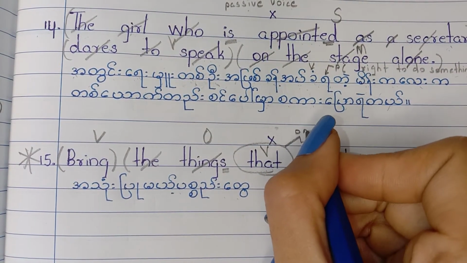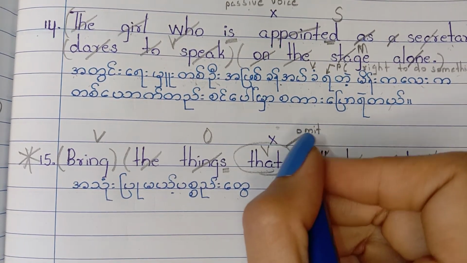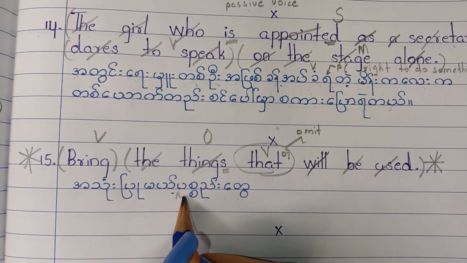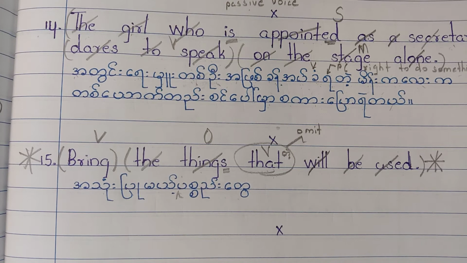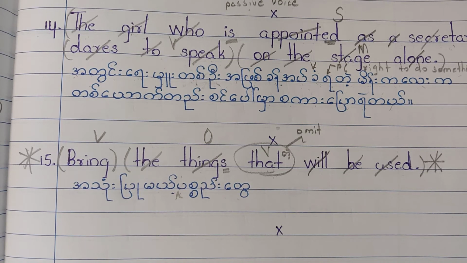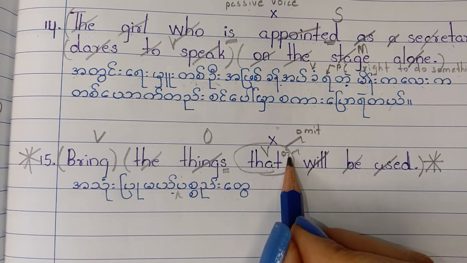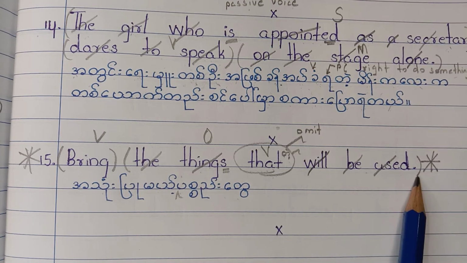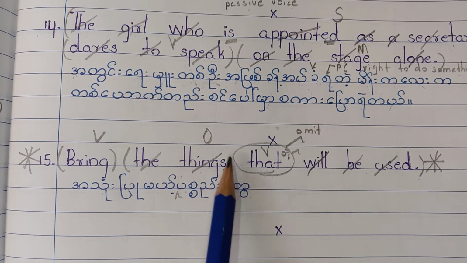Because if we want to put that in Burmese, it will not be smooth. Definitely. So the things that will be used is the object.